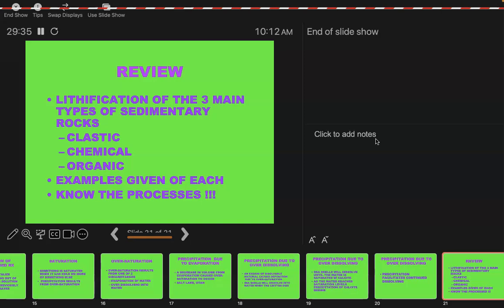We gave you coal and coquina for organics. We gave you limestone and halite for chemical. And in all cases, I told you there were more rocks. And when you get to this in lab, you'll learn the other examples. When you read the sedimentary rocks chapter, you'll learn more examples. These are just a few.